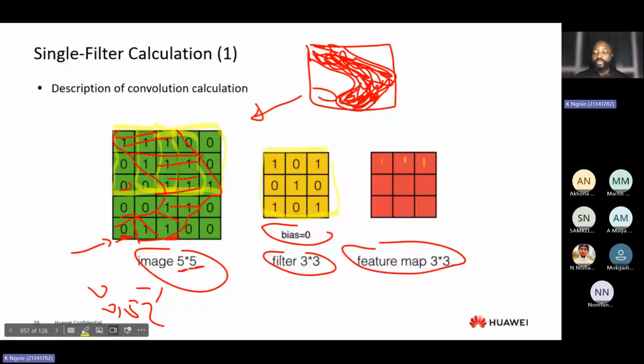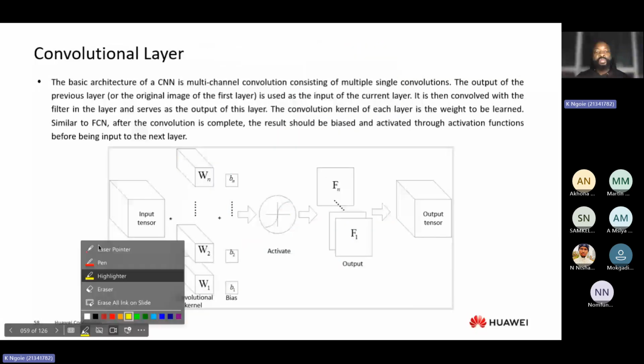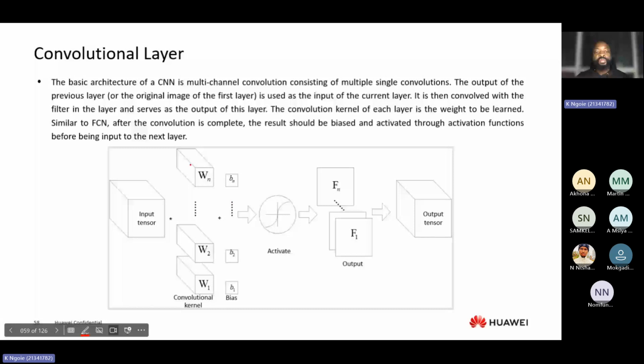So remember, a convolutional neural network will have a convolutional layer, which is basically using a convolutional kernel, which will use a bias with an activation function. We're going to have a certain output. Okay. And then the pooling layer, how will the pooling layer work?